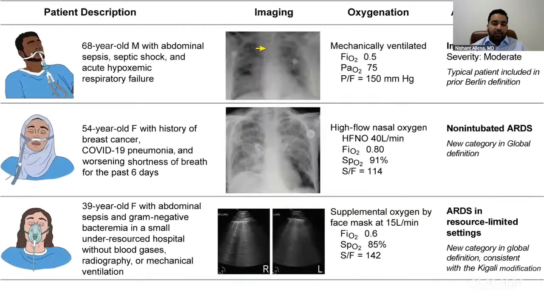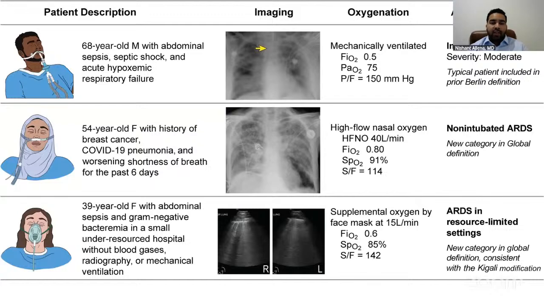Now, in this particular image, we have three patients, and I'm going to go over each patient to see how the global definition is covering these categories. So, your first patient, which is the one on the top, the 68-year-old male with abdominal sepsis, septic shock, and acute hypoxemic respiratory failure. This is your classic patient who's going to present with ARDS.